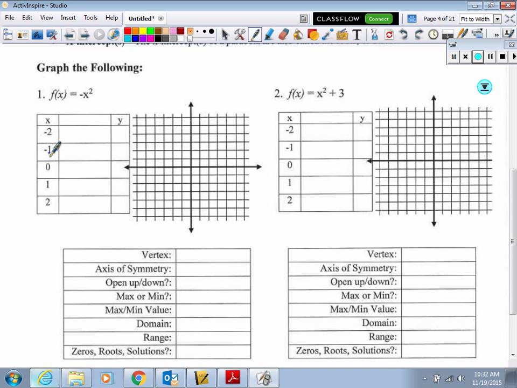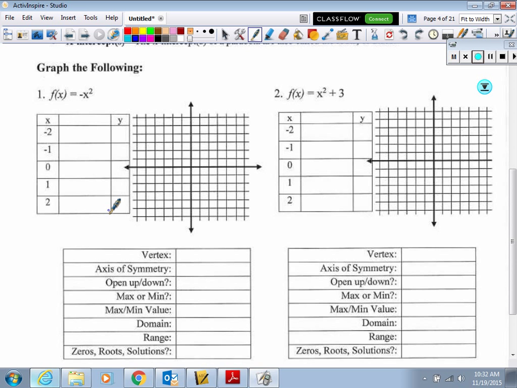I'm going to go to my menu, and then to my table function. I need it to start with -2. I want to make sure that it's going from -2 to +2 because that's the way my table is going. So I'm going to set my table.